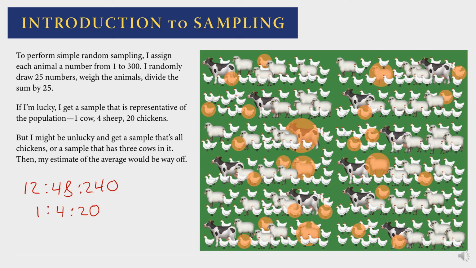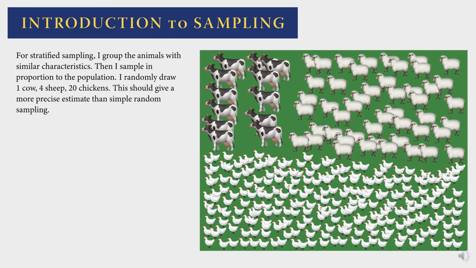If I get a sample like that, the sample mean weight will probably be close to the population mean weight. But there are a lot of ways I could randomly draw 25 animals. I could easily wind up with too many cows, which would drag the average way up. I might also get a sample that's all chickens, and the estimate would be way too low.